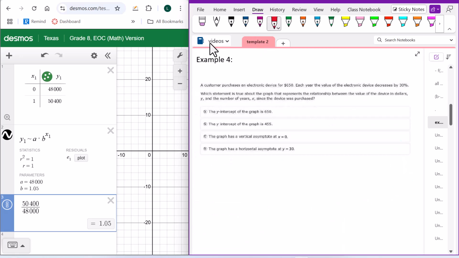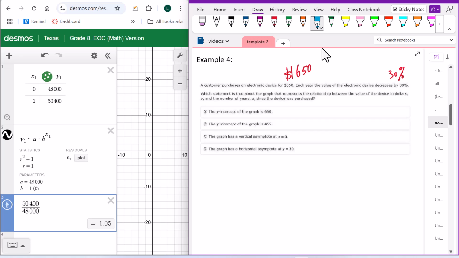Let's go to example 4. A customer purchases an electronic device for $650. Each year, the value of the electronic device decreases by 30%.